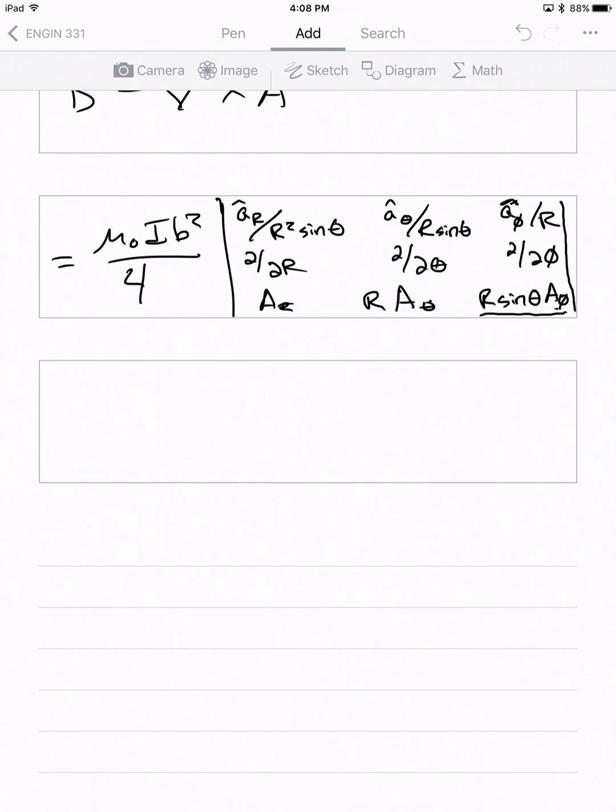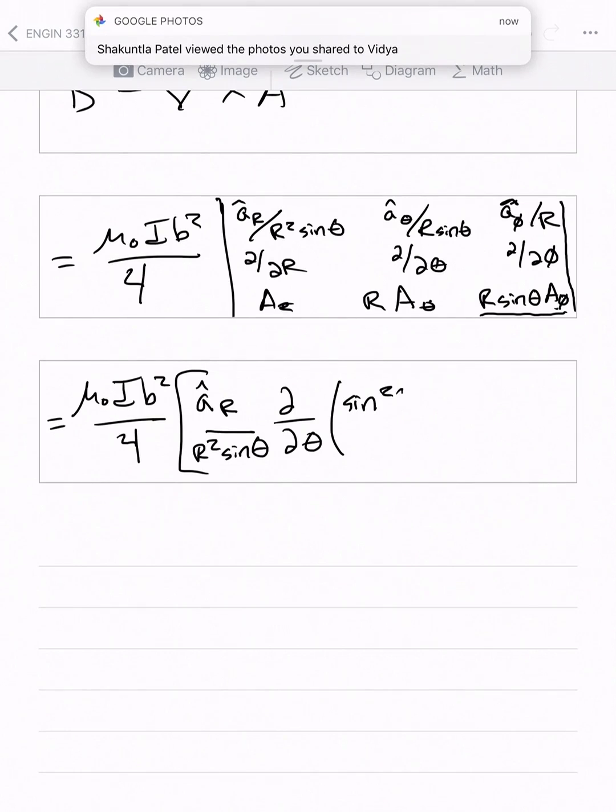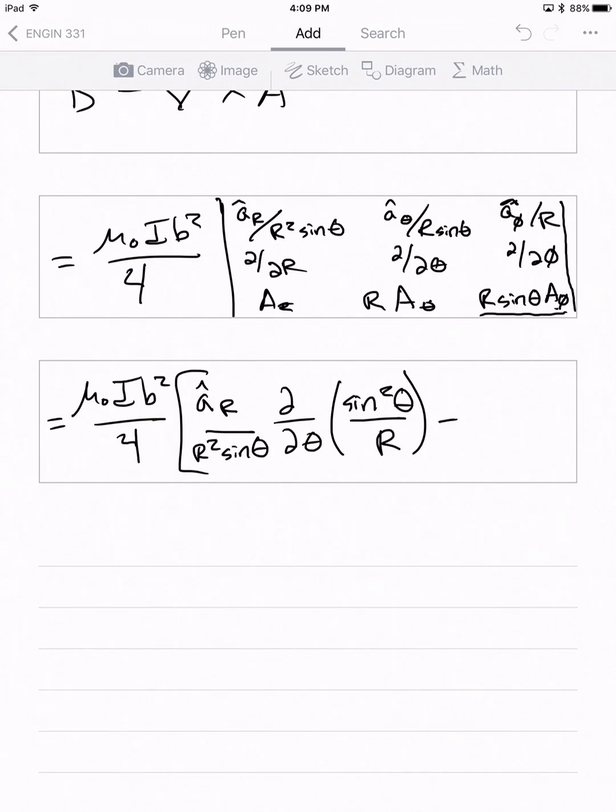So this works out to be equal to mu naught I b squared over 4 times a hat r over r squared sine theta, partial partial theta of sine squared theta over r, minus a hat theta over r sine theta, partial partial r of sine squared theta over r.